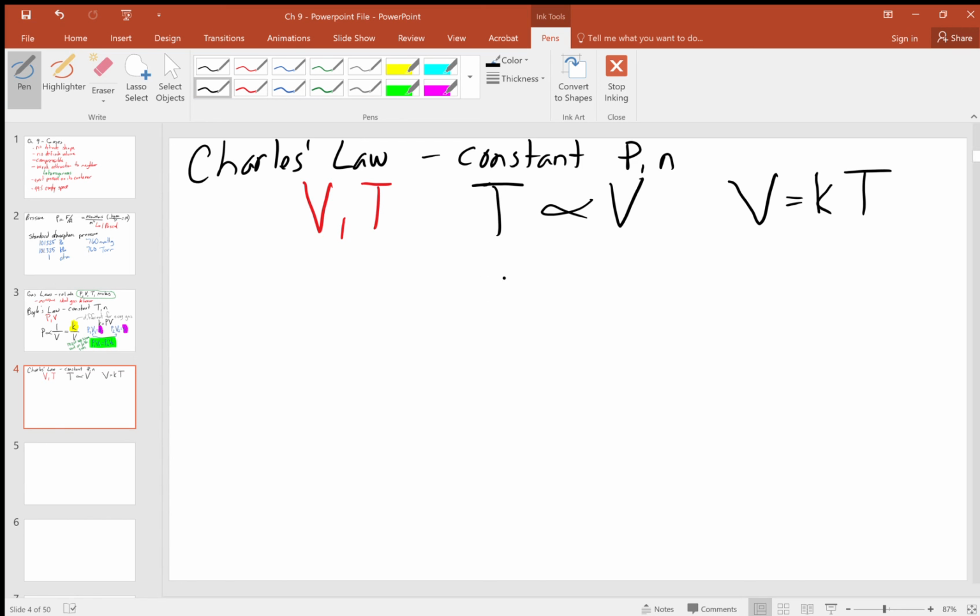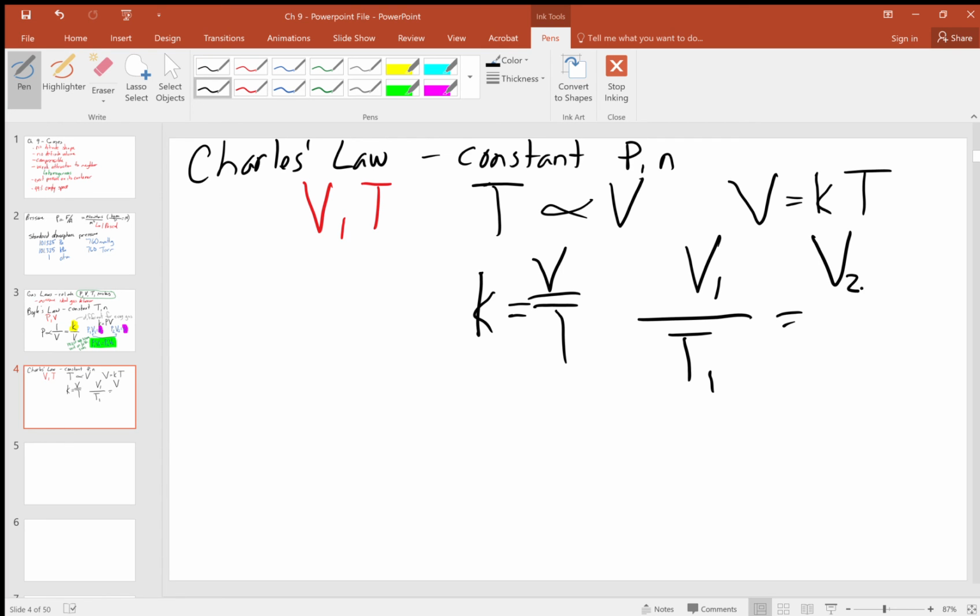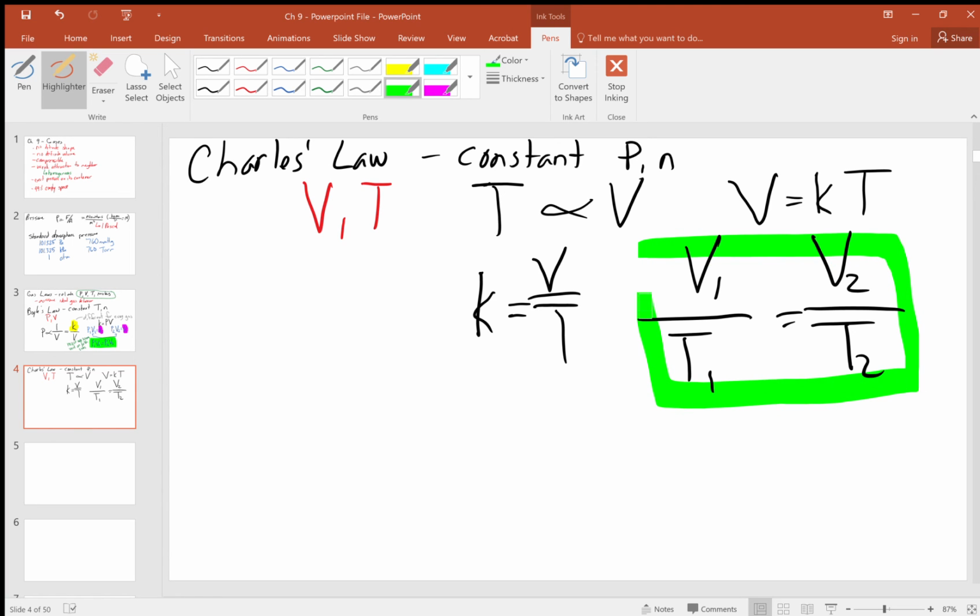So we do the same thing we did before. We solve for K as V over T. And then we can say that V1 over T1 is equal to V2 over T2. And so this is the form of Charles' law that we find to be the most useful.